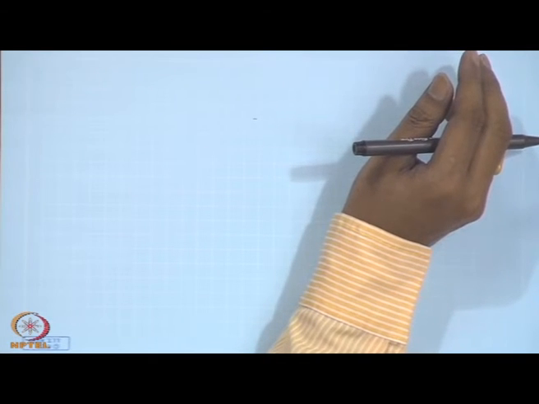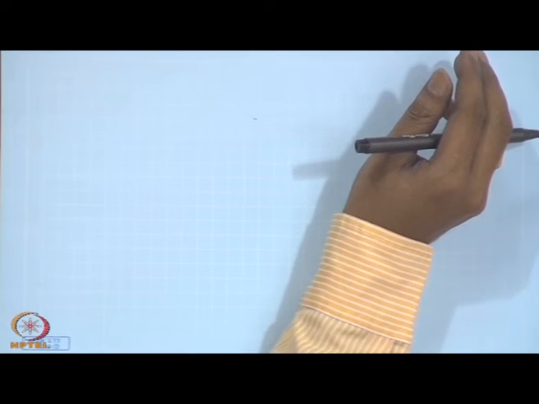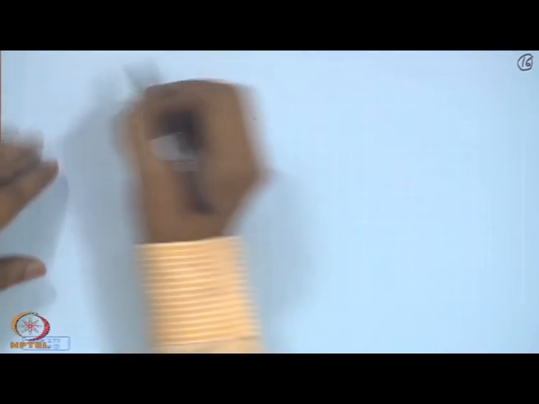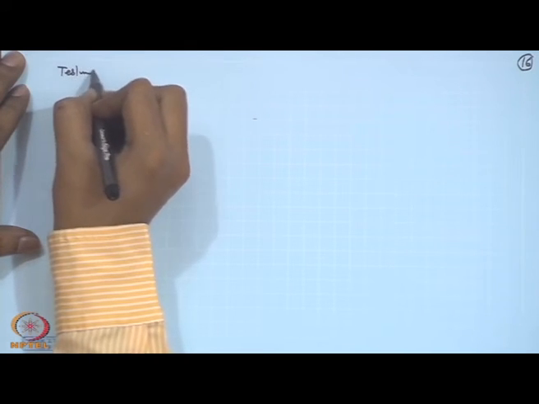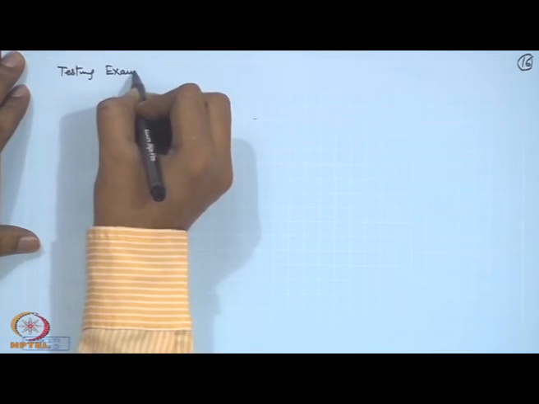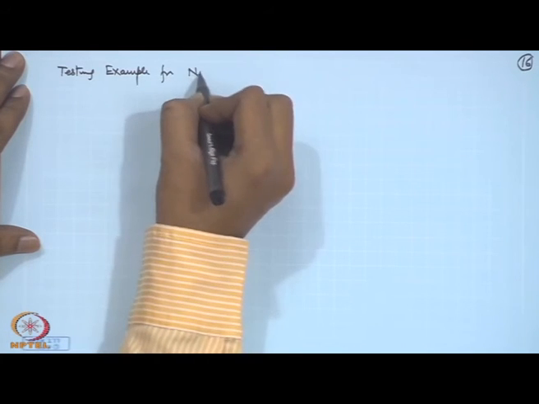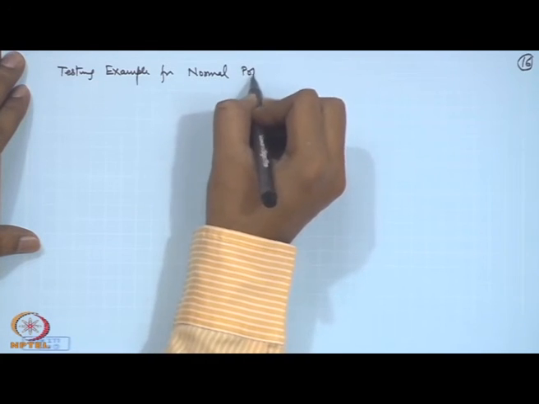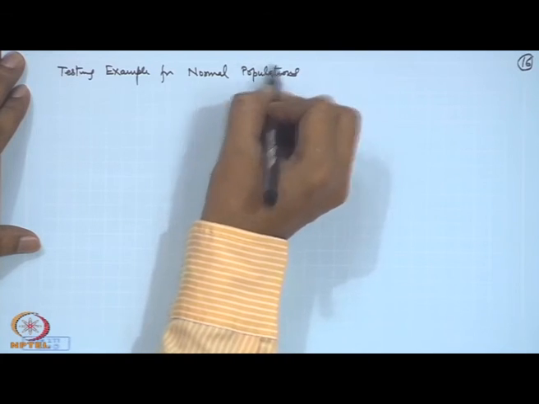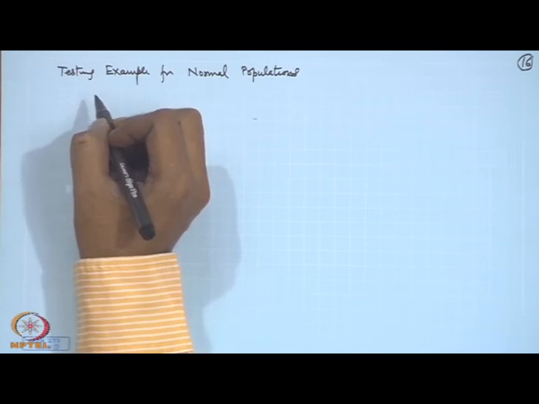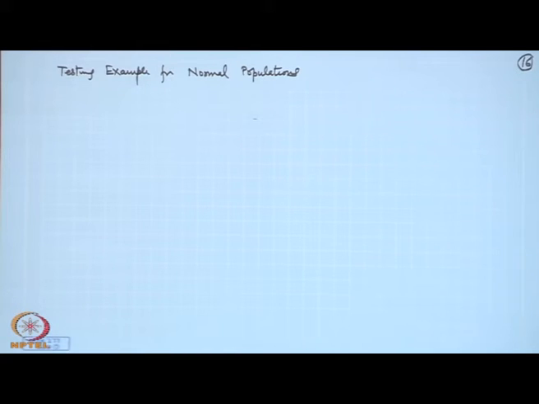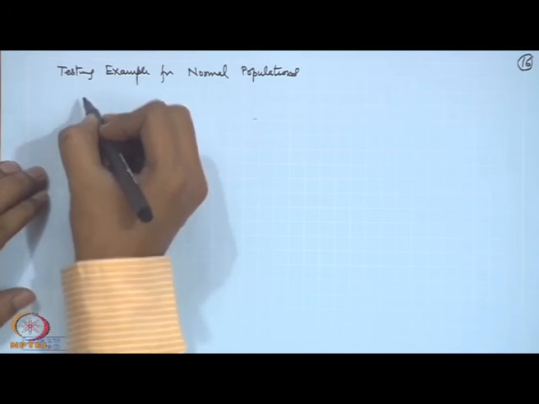I will give one application of the general testing problem which we discussed for the normal populations. Testing example for normal populations. The summary data is given by.